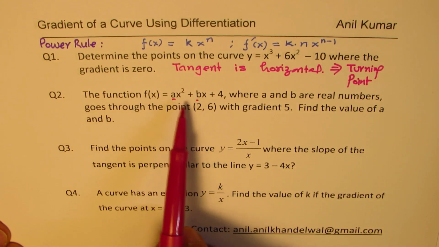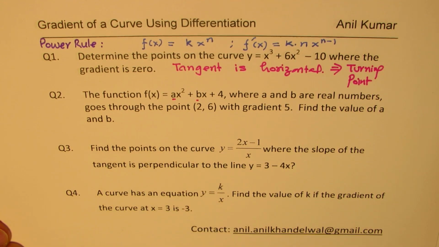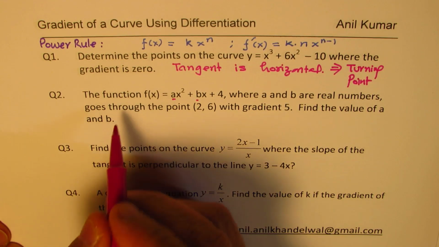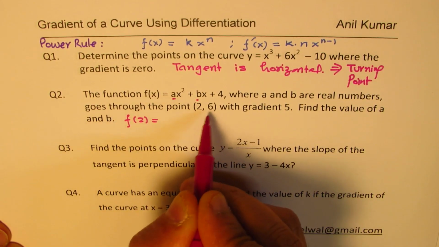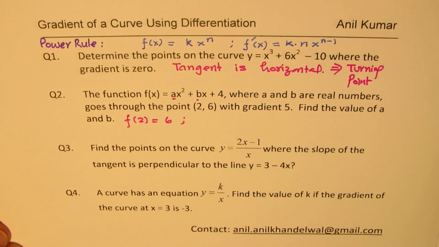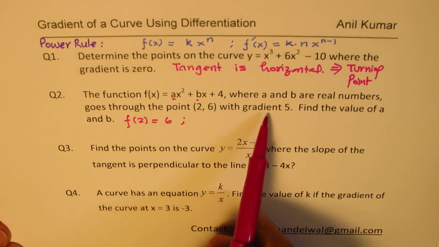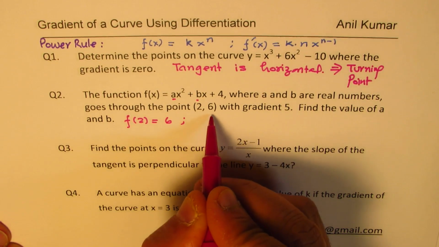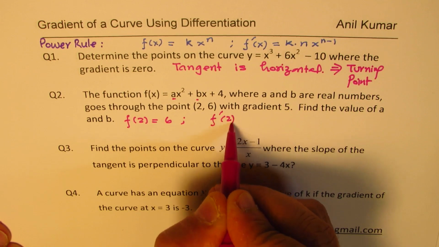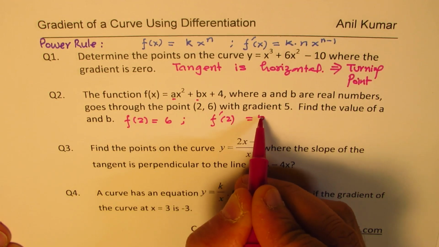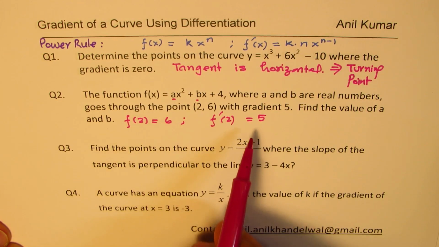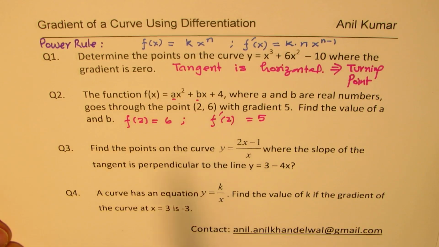So I think you can guess there are two equations also. The two equations here are, one is at f of 2, the value of the function is 6. Second, we are also saying that the gradient is 5. That means the derivative at 2 for the given function is equal to 5. So that gives you two different equations which can help you to find the value of a and b, right?